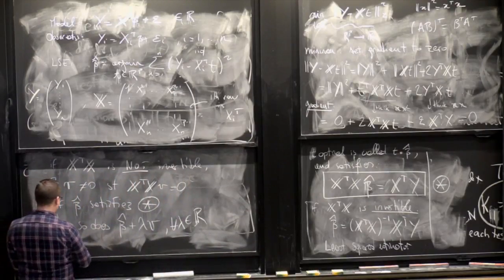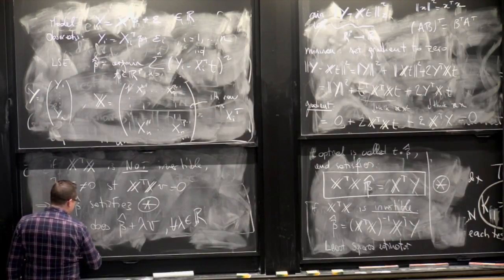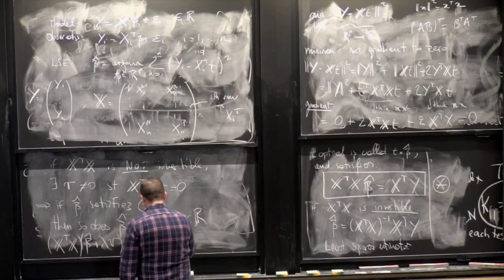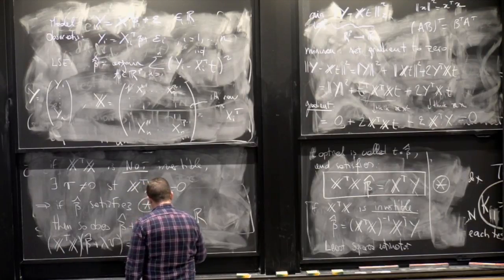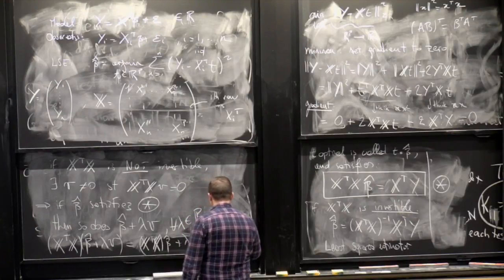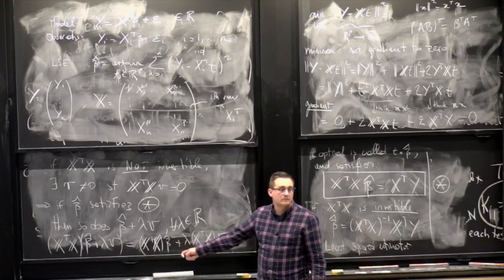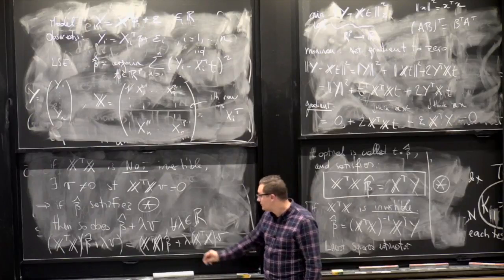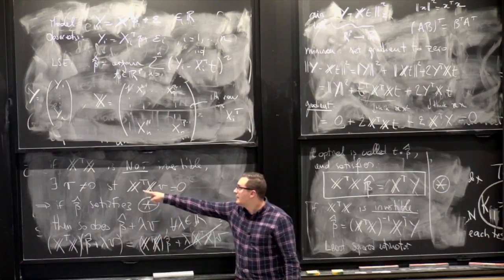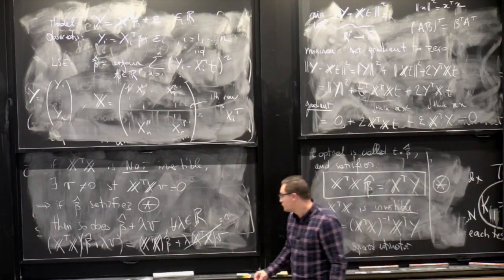And the reason is because, well, if I start looking at what is X transpose X times beta hat plus lambda V, well, by linearity, this is just X transpose X beta hat plus lambda X transpose X times V. But this guy is what? It's 0, right? Just because that's what we assumed. We assumed that X transpose X V was equal to 0. So we're left only with this part, which by star is just X transpose Y.